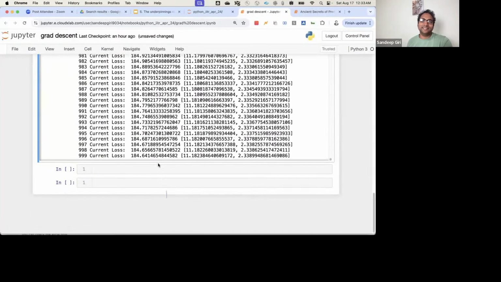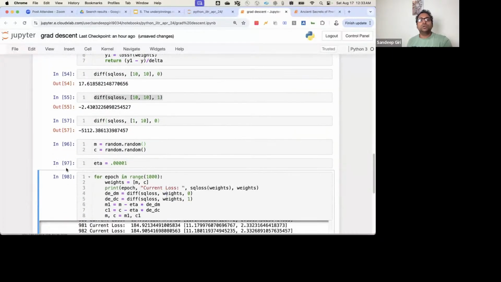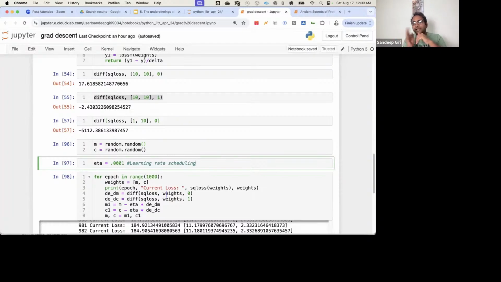So there are quite a few strategies. We call them learning rate scheduling. Take a look at learning rate scheduling. What people usually do is initially they keep the eta bigger, then they reduce the eta later so that it doesn't jump back and forth.